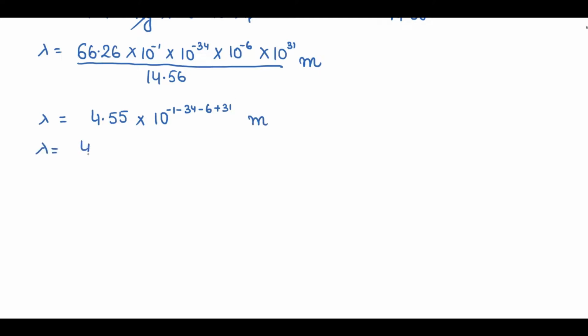Lambda equal to 4.55 into 10 raised to power minus 1 minus 34 minus 6. It will be 10 raised to power minus 41 plus 31. When you subtract 31 from 41, it will be 10. So 4.55 into 10 raised to power minus 41 plus 31. It will be 10 raised to power minus 10 over here.